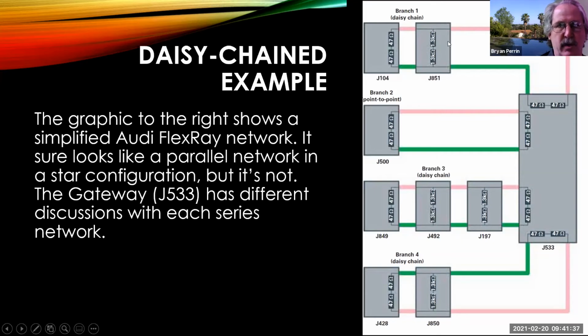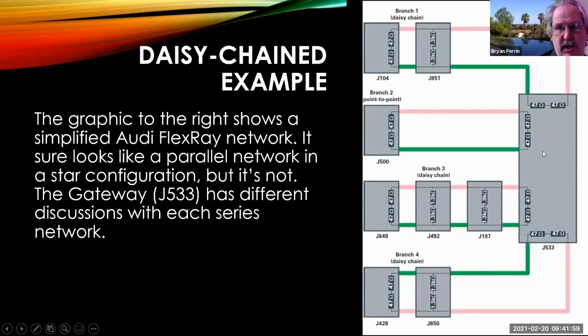So you can see where with this structure, again, it's real important to look at the schematic: who's talking, who's not talking. Because if I can talk to the J533 module here, which is the master module, who else can I talk to? Can I talk to nobody?